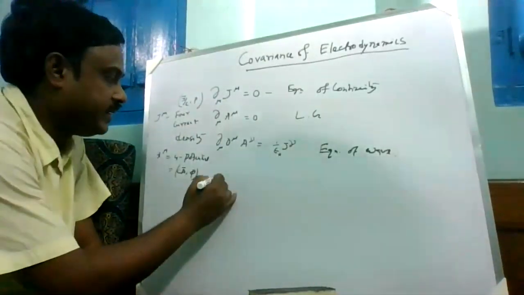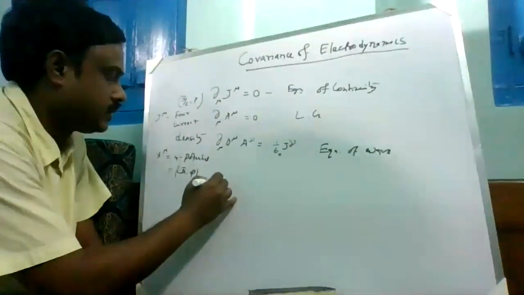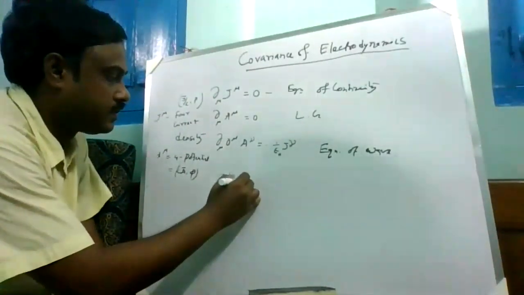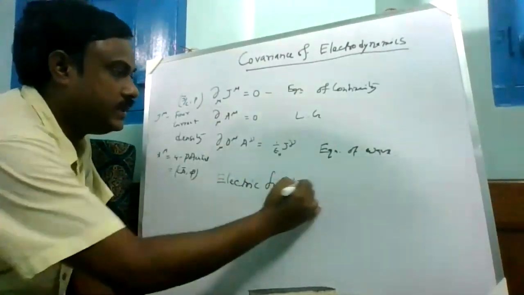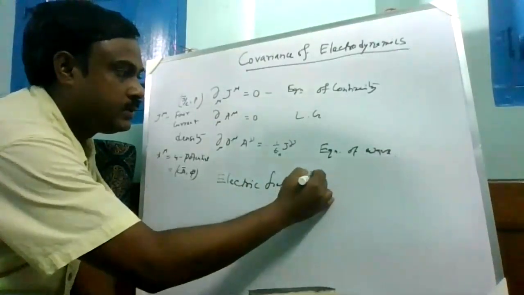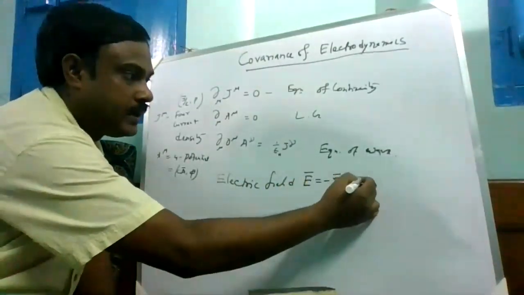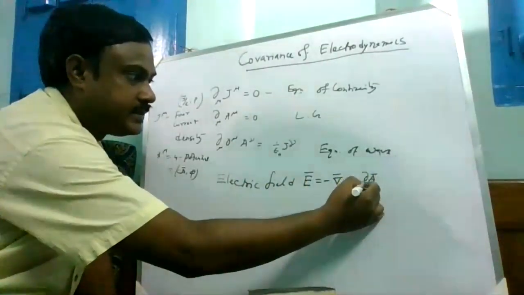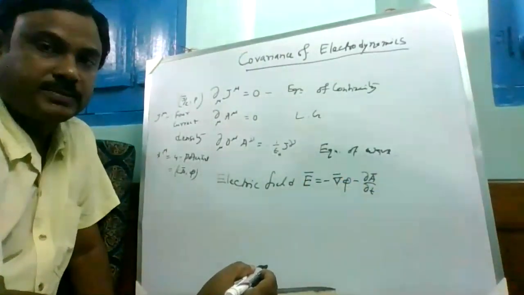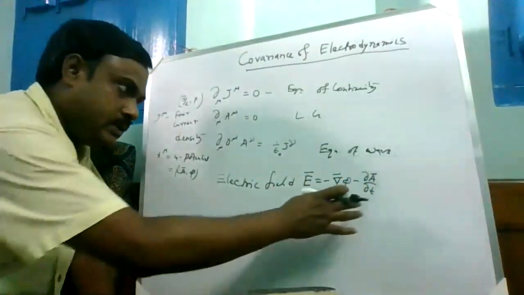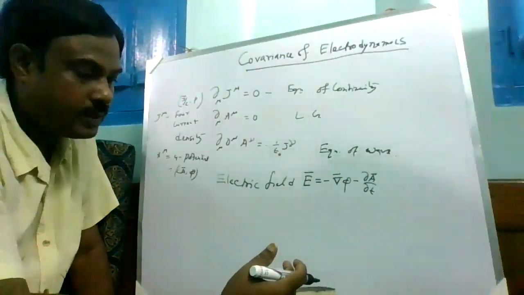Now we know electric field E can be written as minus grad phi minus del A del t. Now how can you express this E in terms of four potentials, four vectors?